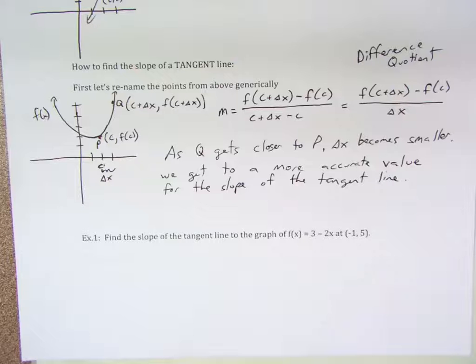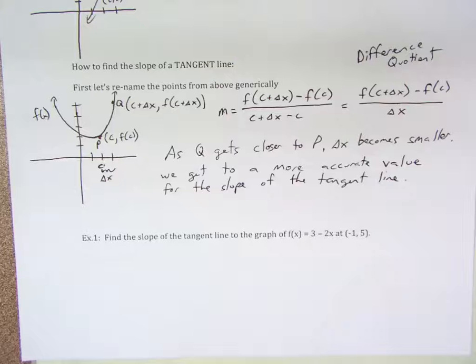If we want to find the slope of the tangent line at that point, that equals the limit as delta x approaches 0. Remember, we want that delta x to get really small, of that difference quotient we just talked about. We want delta x to get really close to 0. f of c plus delta x minus f of c over delta x.